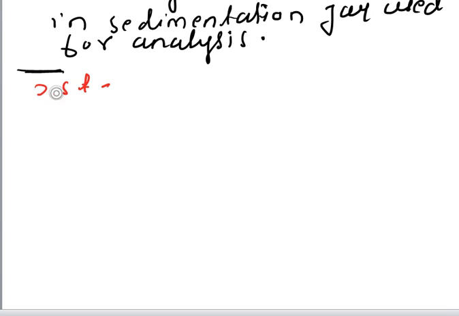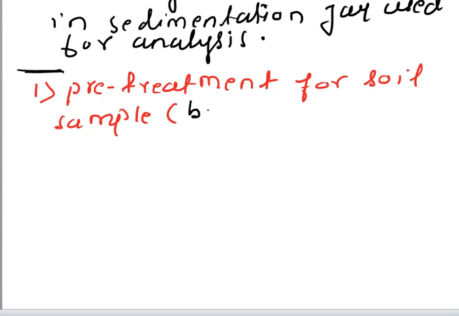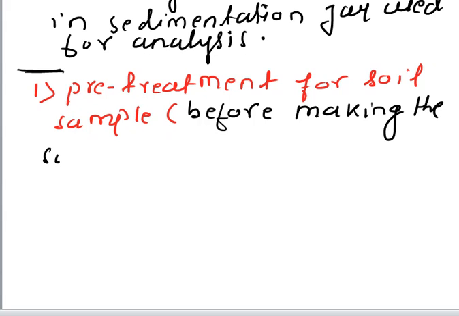The first treatment given to soil is pre-treatment, that is, before making the suspension. Prior to making the suspension, we have to give pre-treatment.